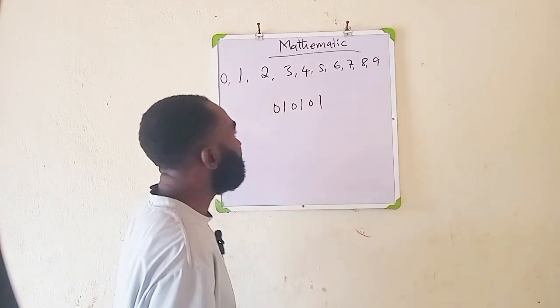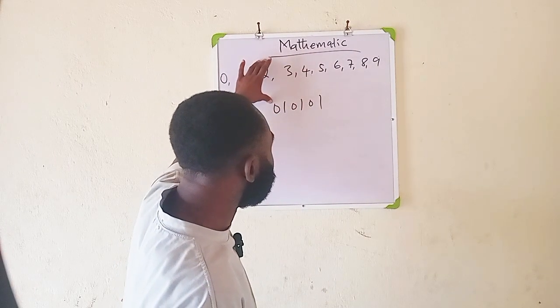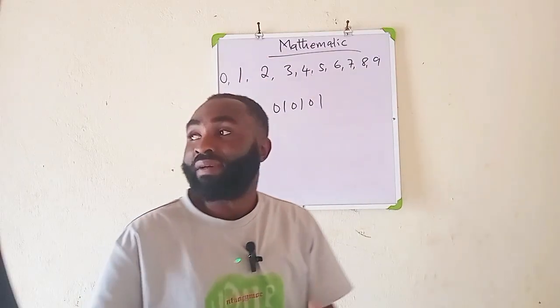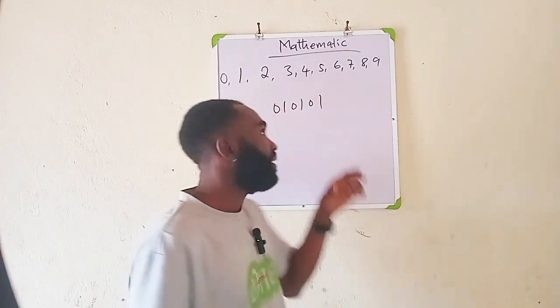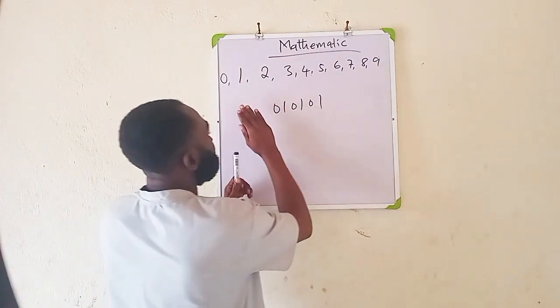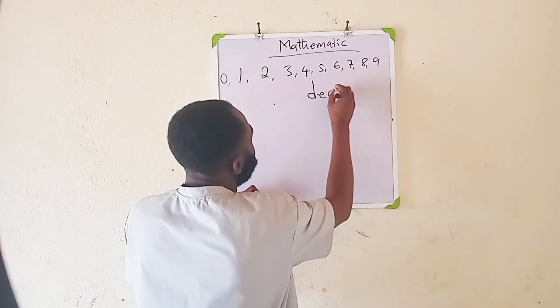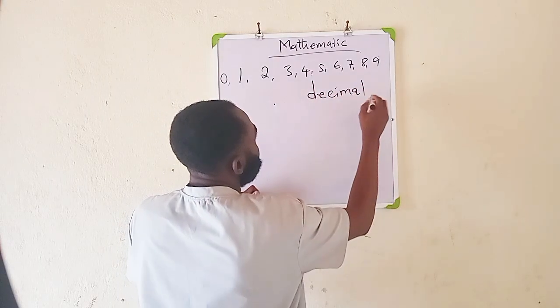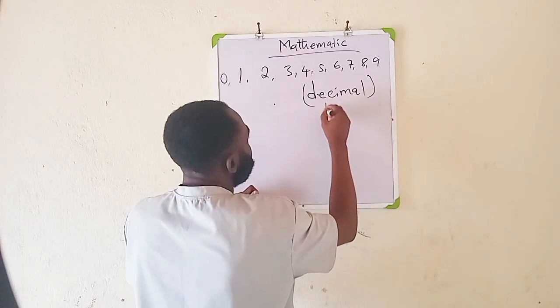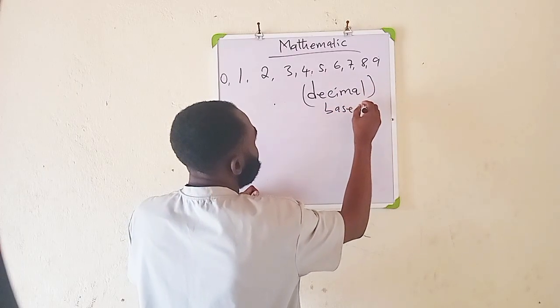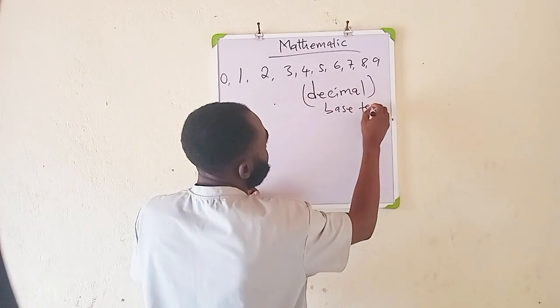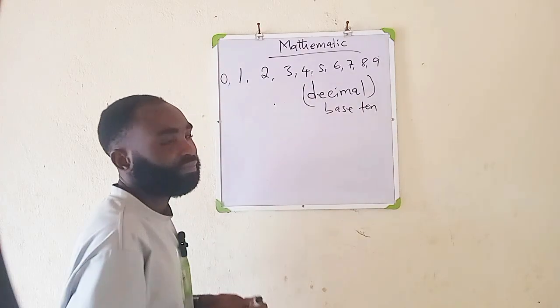So the basic system we use to count numbers in mathematics or in real life is base 10, which is decimal. Base 10.